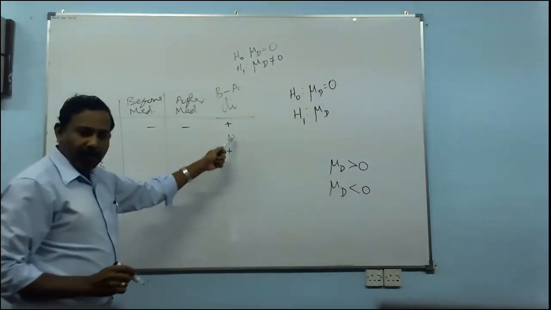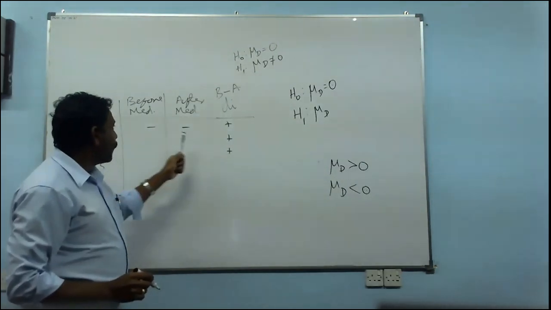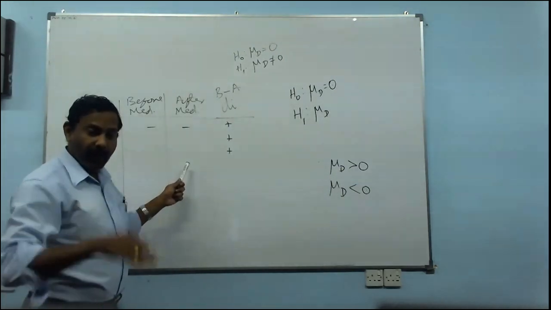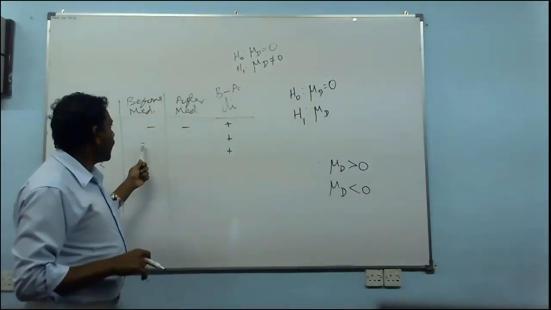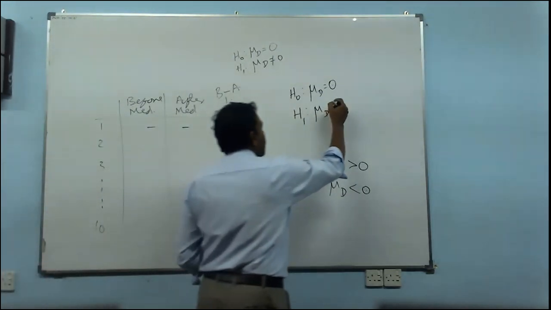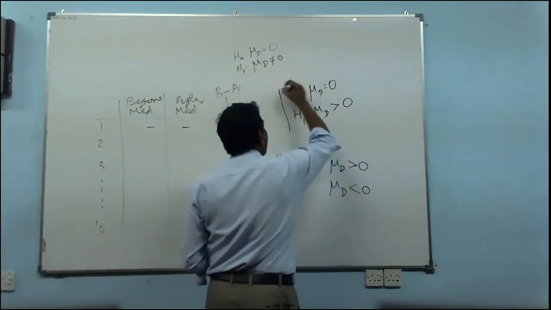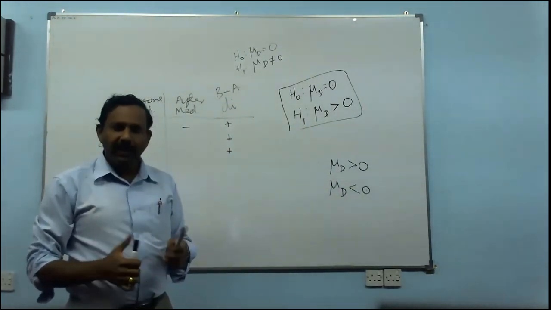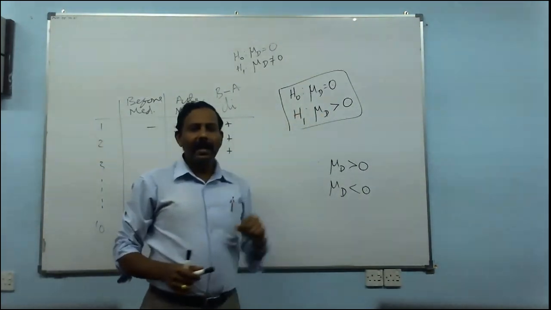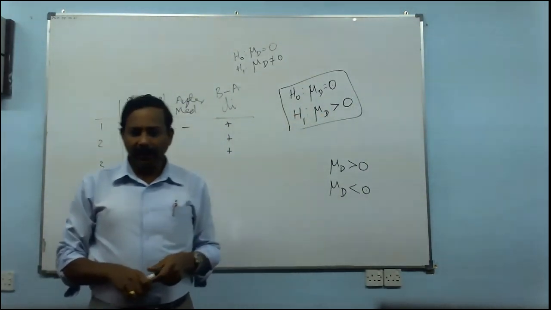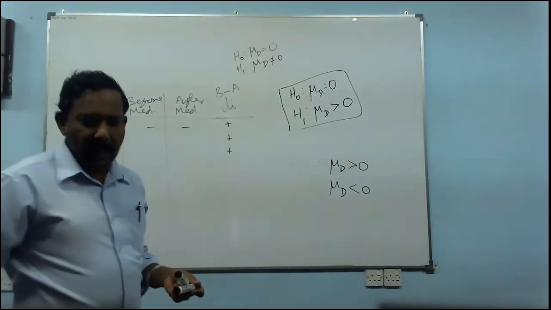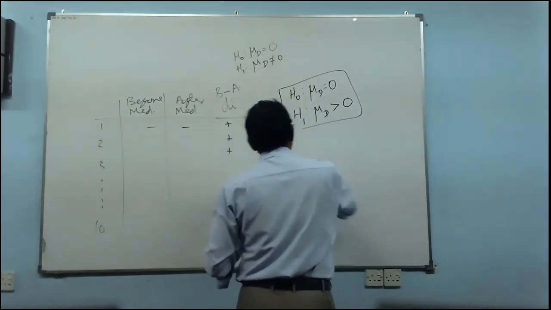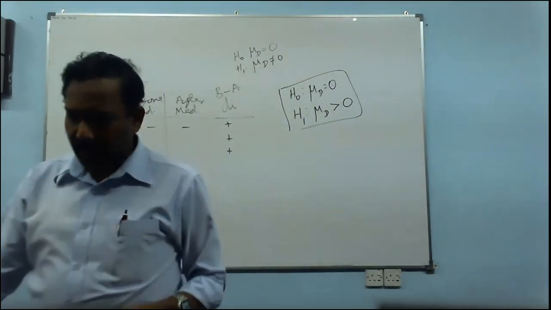If it has a positive value, that means before minus after is positive, which is better in terms of low cholesterol, right? So we can say mu d is greater than 0. This is how we can test it. So now it is a one sample situation, but it is a right tail test. That is how we can form it. So I will give an example, then we will proceed. Right, now I have the question.